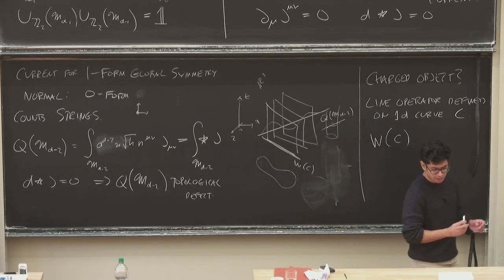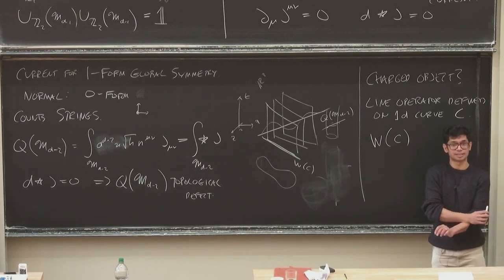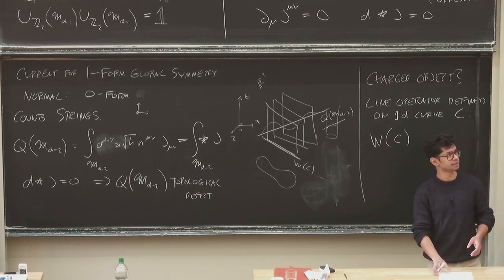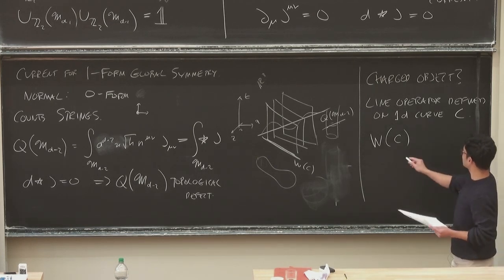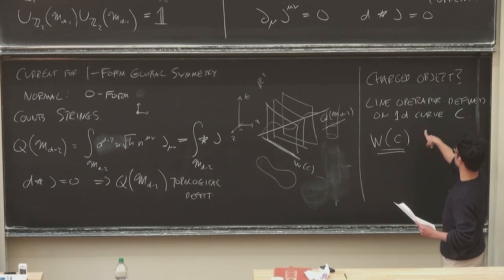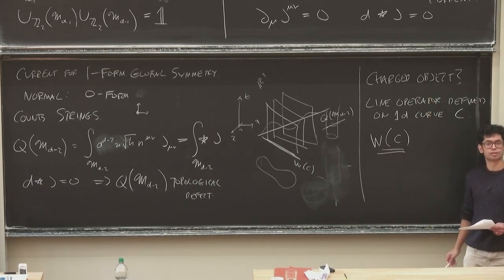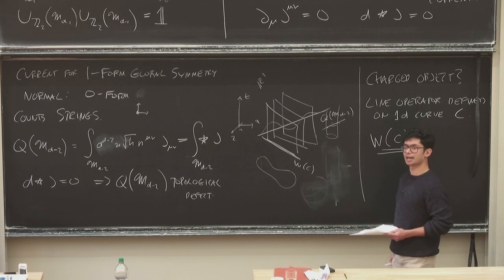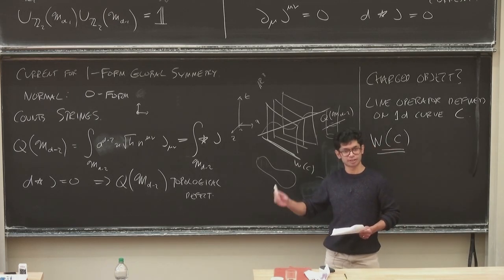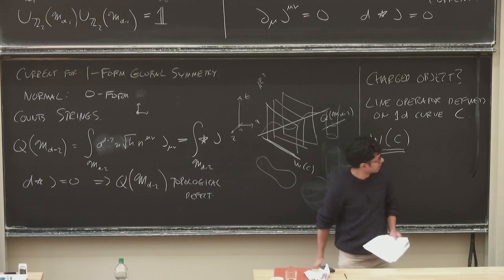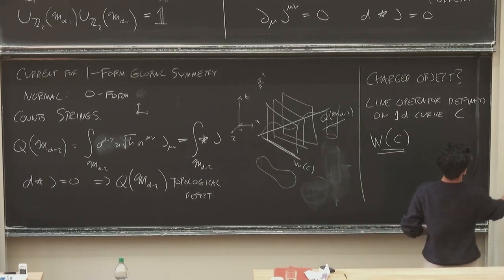Okay, so I've not told you the rules yet, but let's now figure out what the rules are for all these things. I claim that the line operator is what is charged under the symmetry. So the first thing I should do is write down the Ward identity for this conserved current in the presence of the symmetry. Okay, so let's do that. It will not fit here, so I'm already moving here.